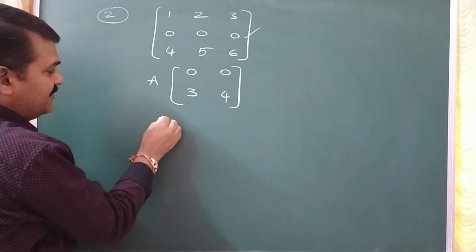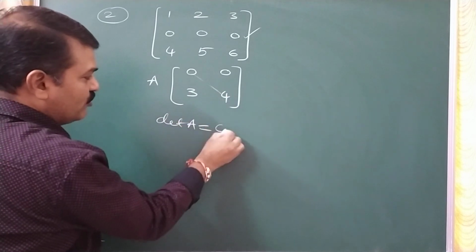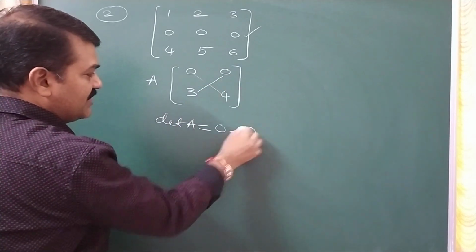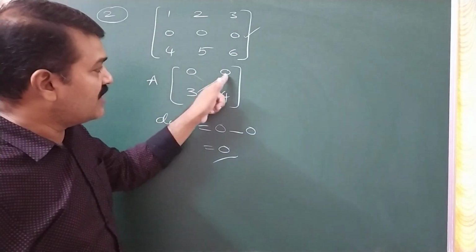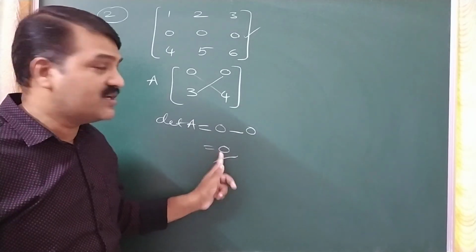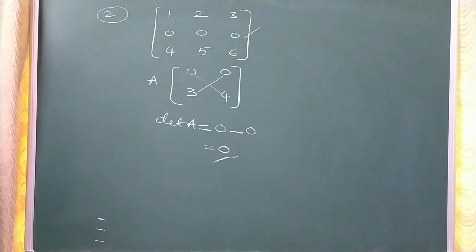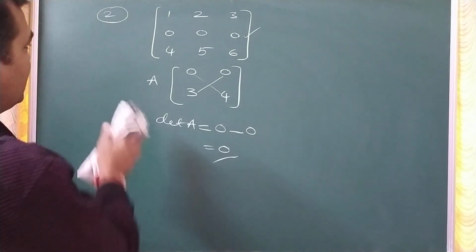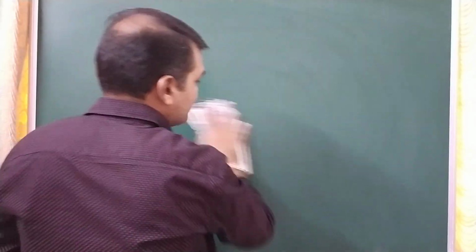What is det A? 0 into 4 minus 0 into 3, that is 0 only, clearly. Because the first row has all zeros, you are getting determinant as 0. So the second property: if any row or column has all zeros, then the determinant is going to be 0. This is our second property.